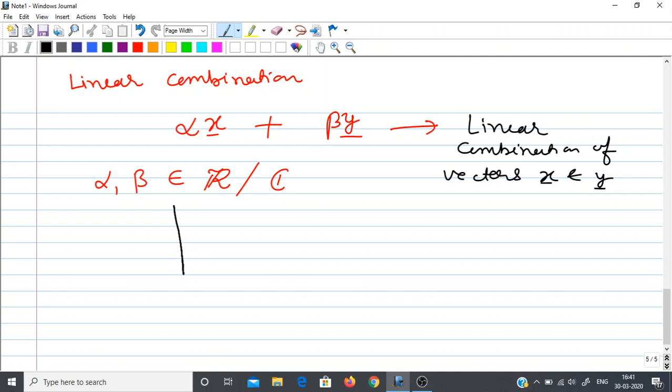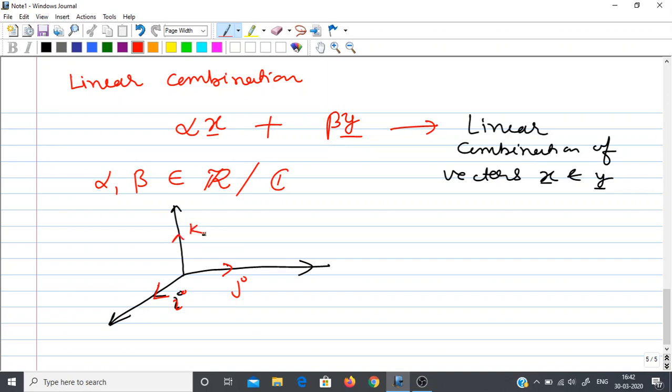All of you are aware of this three-dimensional space. And you might know the unit vectors i, j, and k.